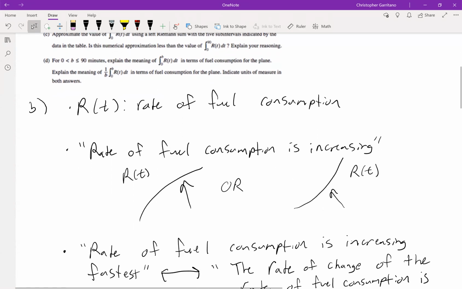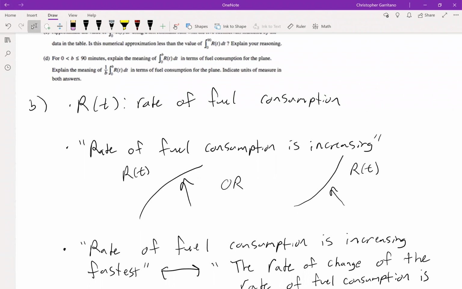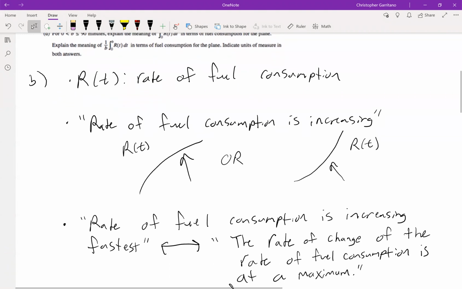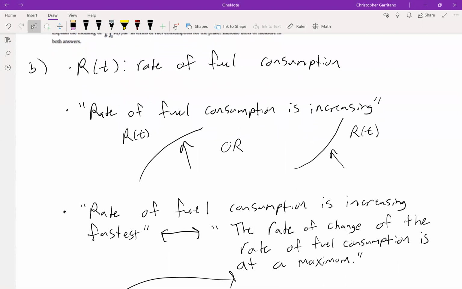So another way of interpreting the statement is to say that the rate of change of the rate of fuel consumption, and again remember, this is just r of t, okay, so we're saying that the rate of change of r of t is at a maximum.